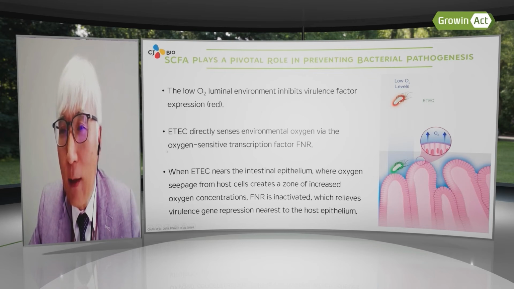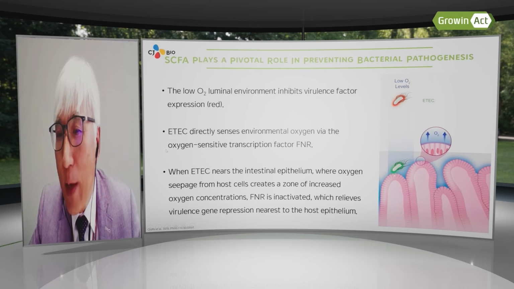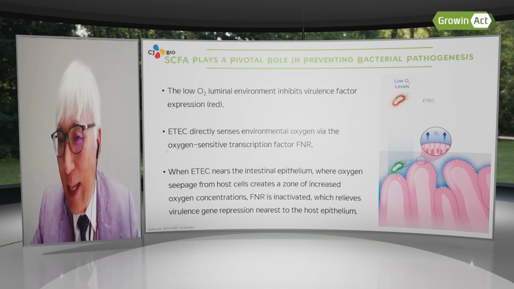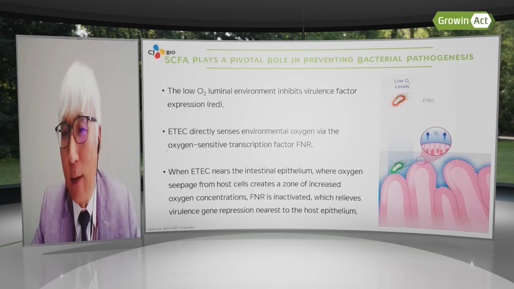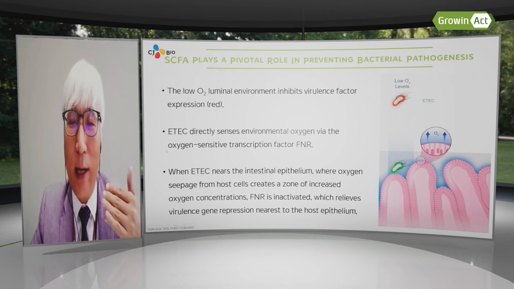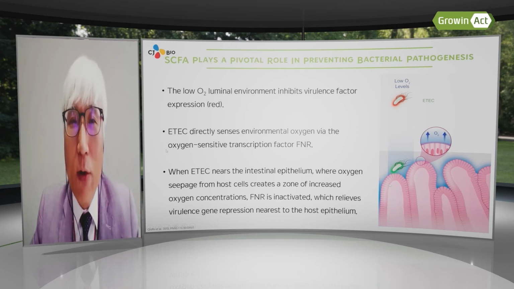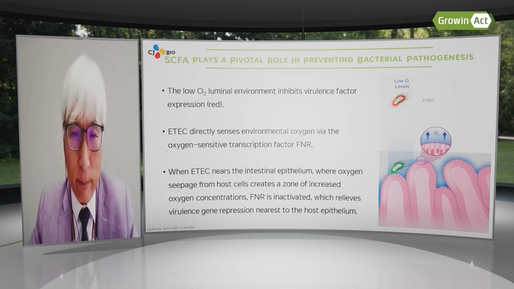So these bacteria are non-pathogenic at low oxygen level and become pathogenic when there is increasing oxygen excretion from the cell. And this increasing oxygen excretion happens when there's a lower level of fiber fermentation.